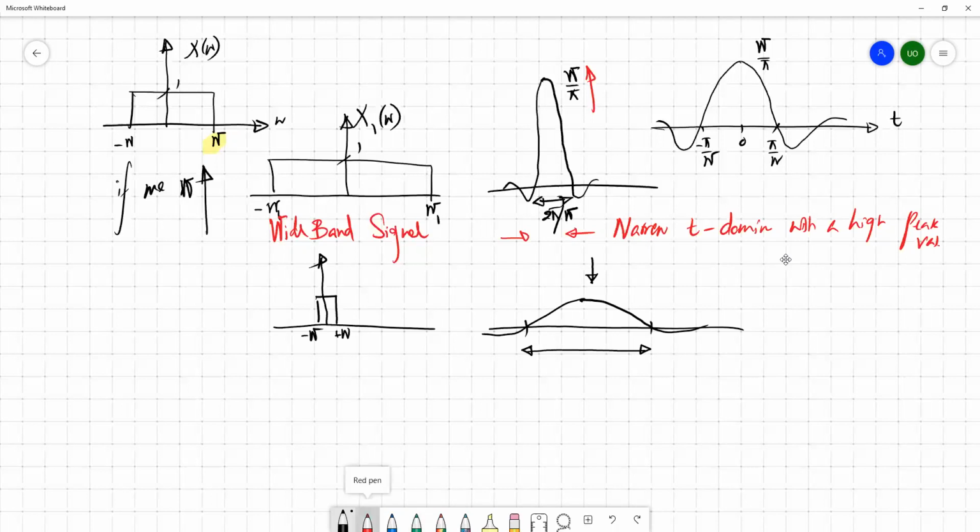So this is increasing and the magnitude is decreasing, for the narrow band case. If it is a narrow band signal, you have a time domain signal with a big span in the main lobe and relatively low amplitude.